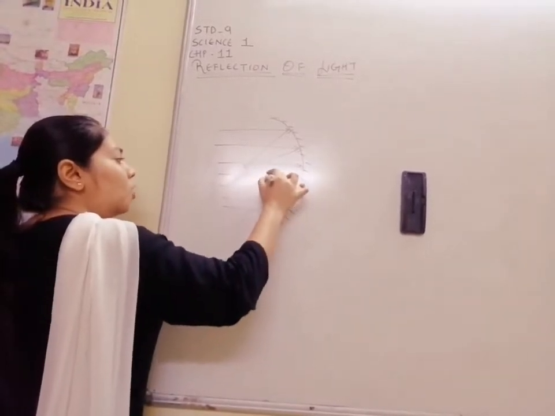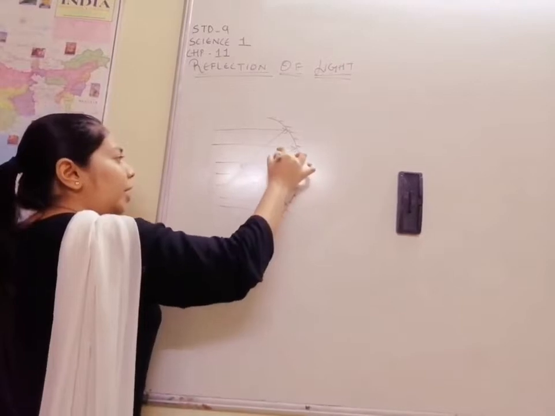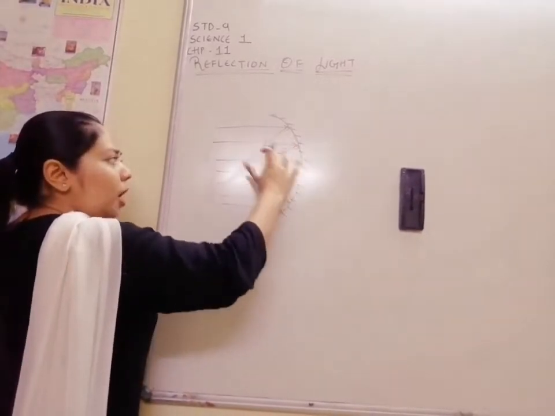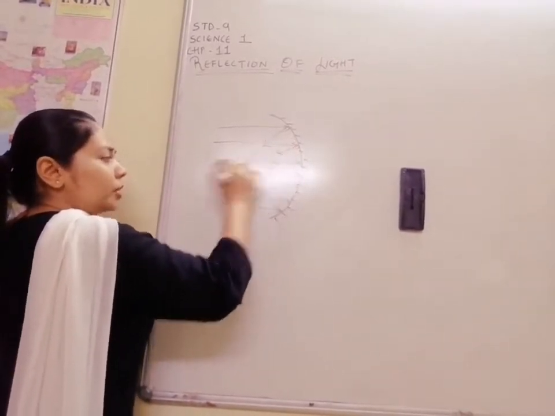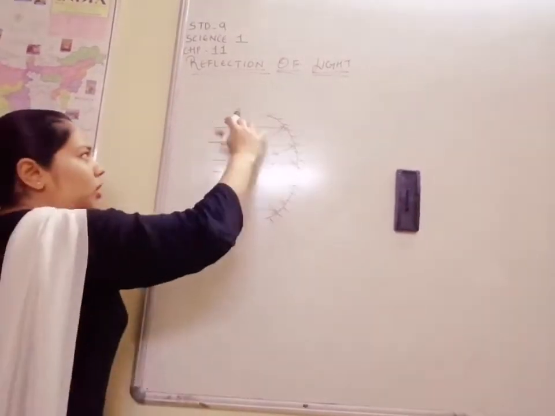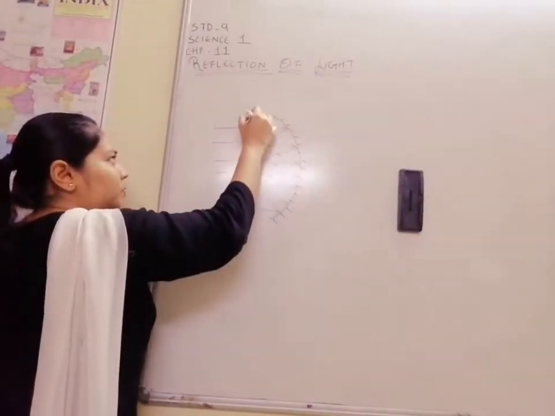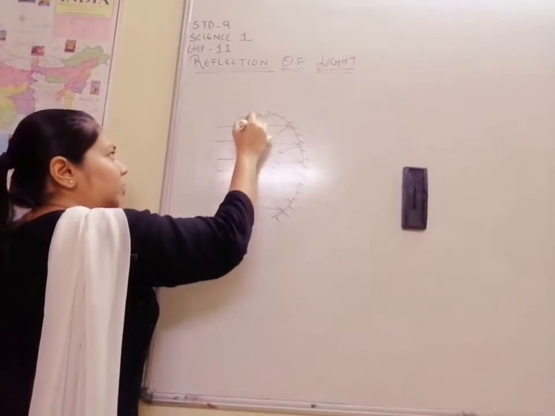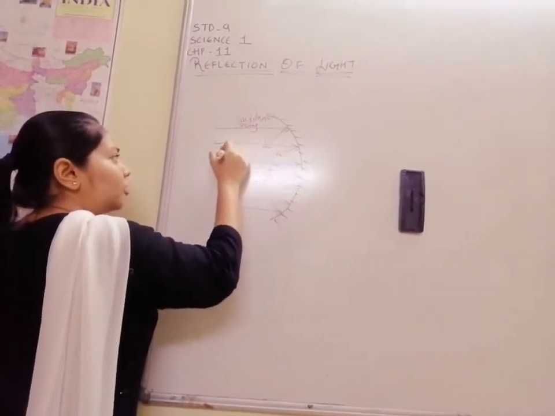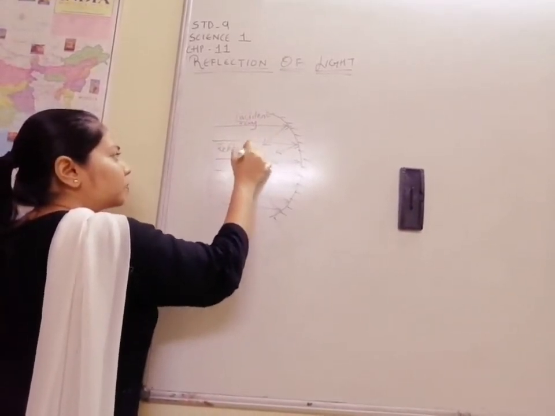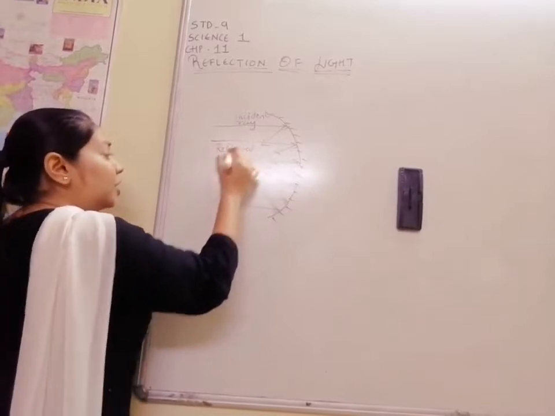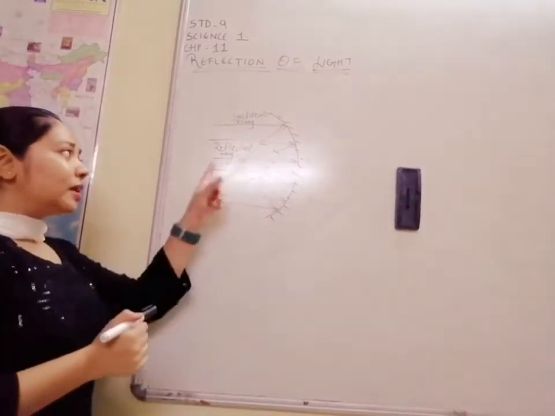All the incident rays which strike the concave mirror will come to one single point. These were all the incident rays, and the rays which are coming back are what? Reflected rays. So they are coming to one single point.